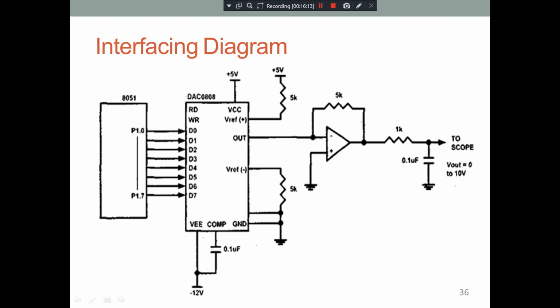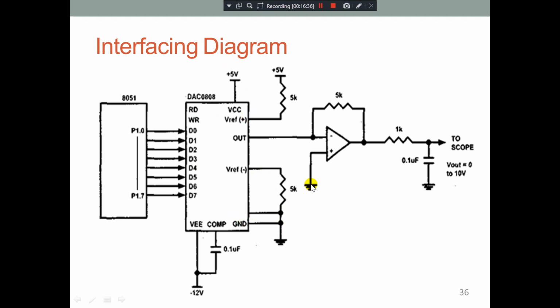Next, the interfacing diagram of the DAC with the microcontroller. This is the 8051 microcontroller and this is the DAC. We connect pins P1.0 to P1.7 to DAC D0 to D7. This is read write. This is 5 volts VCC, and this is grounded V reference.